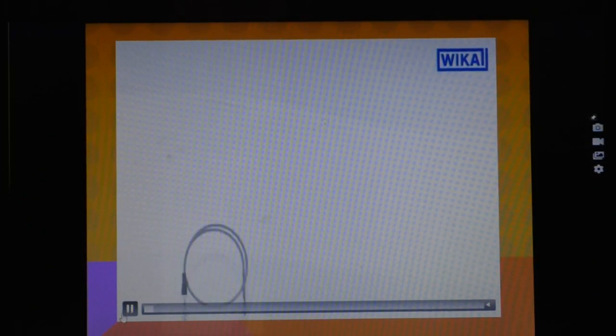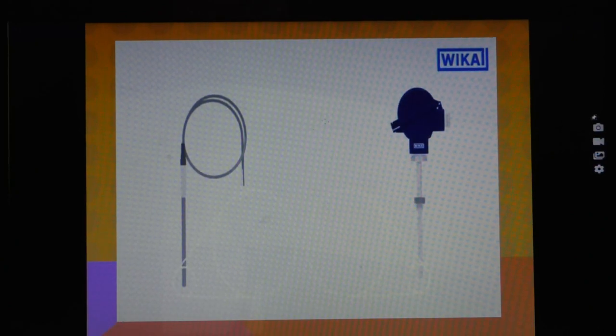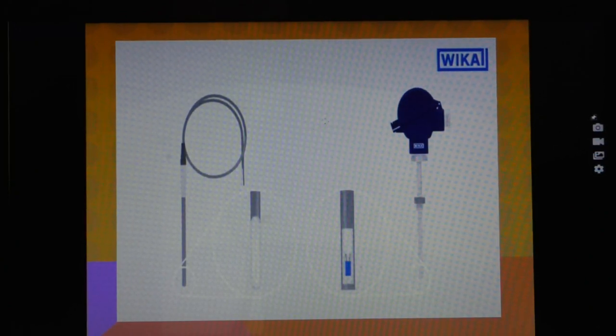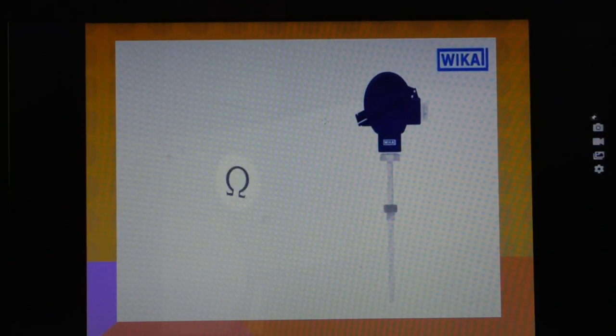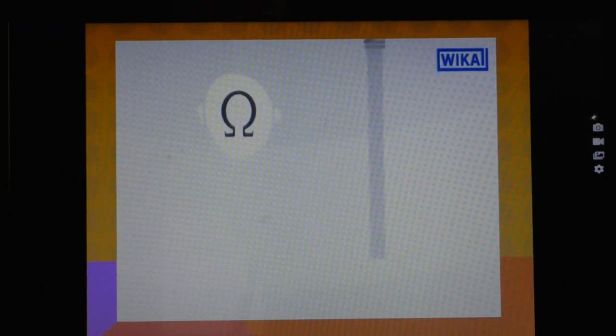Okay, we come to the working of the resistance thermometer. In industrial measurement technology, various types of electrical thermometers are used. One of the most commonly used is the resistance thermometer. It measures temperature using electrical resistance.